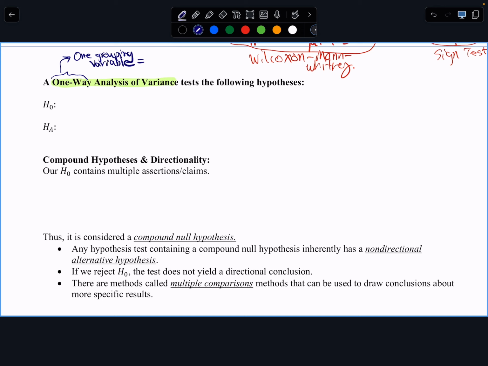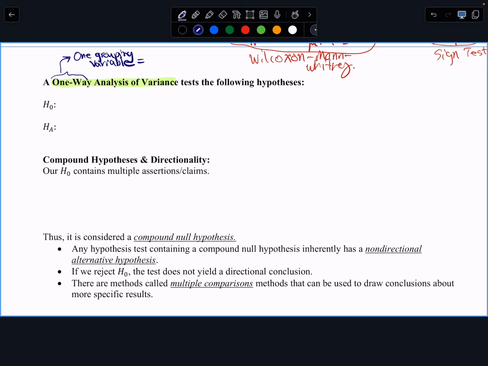Now, this is an extension of your 2-sample t-test. There is another extension of your dependent samples t-test. We're not going to look at that, and we call that a repeated measures ANOVA. So those of you who major in like biology, you'll probably look at all of those, right? Or if you're gonna do biostatistics or something like that.